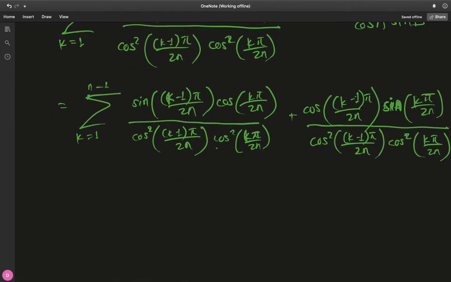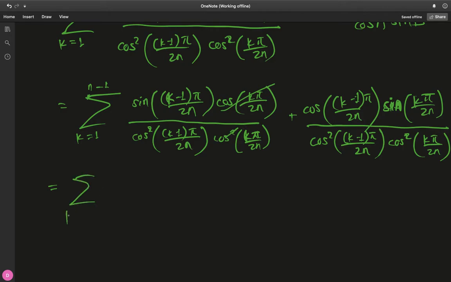And one remarkable thing is, you may recognize some cosines are cancelling out, and we can take one cosine from the cosine squared with the sine. So sine over cosine will be a tan, divided by a single cosine of (k minus 1) pi over 2n and a single cosine of k pi over 2n, because one of the terms from the square cancels with the numerator.